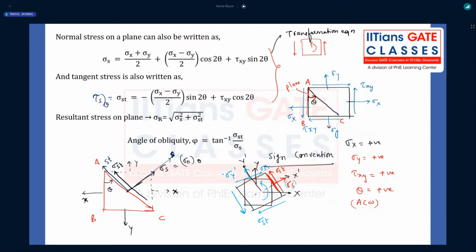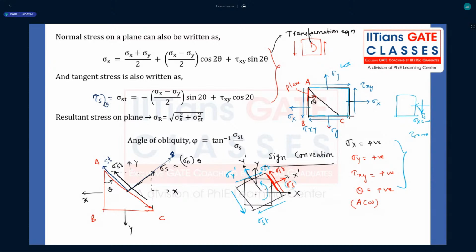Because we have not discussed any derivations, some of you might be wondering why we are taking this particular diagram. Why not a diagram where it is reversed, so that sigma x will be negative and tau will be negative? Because we derive our equations by taking this state of stress on a body.